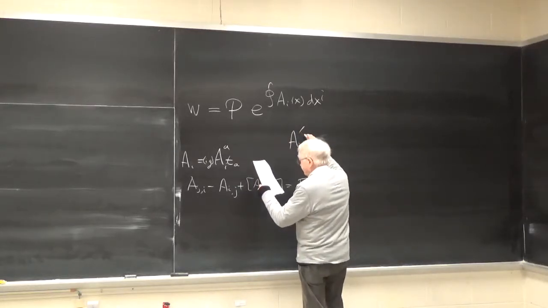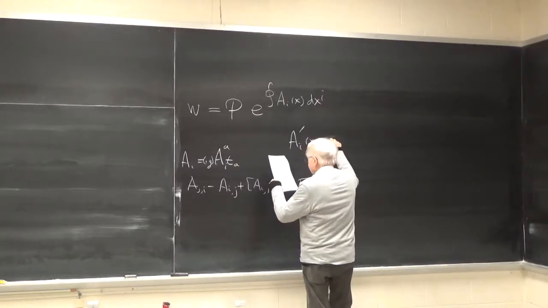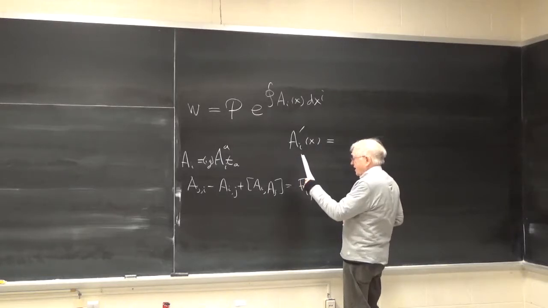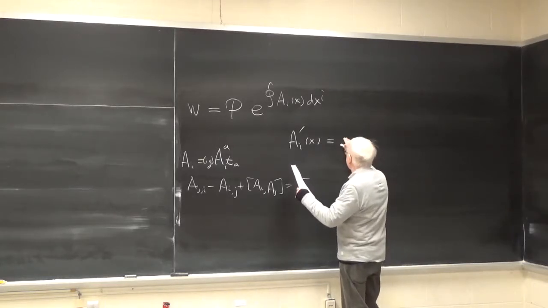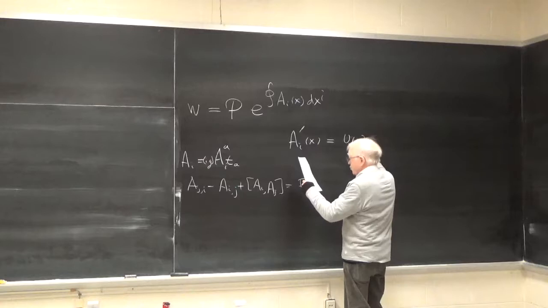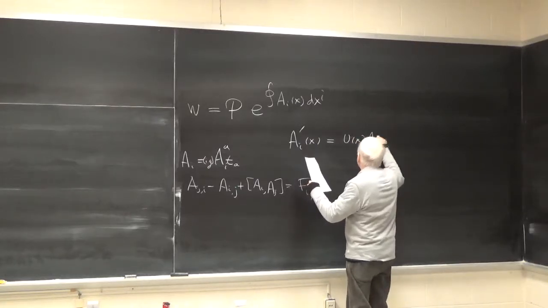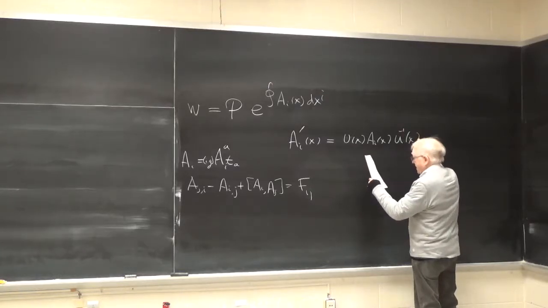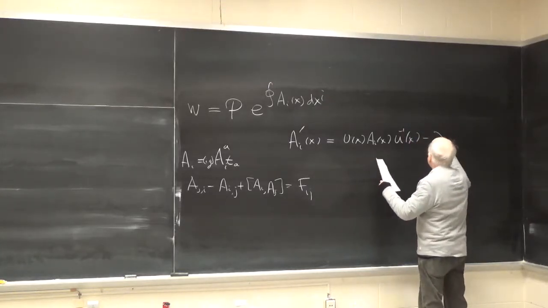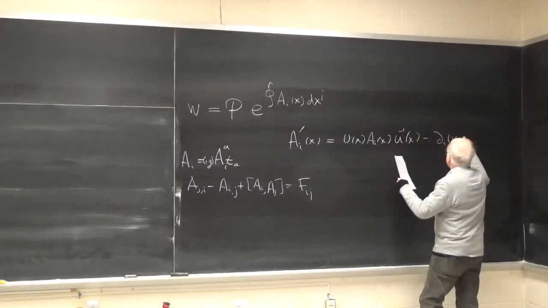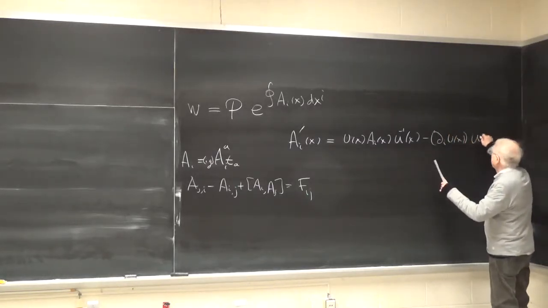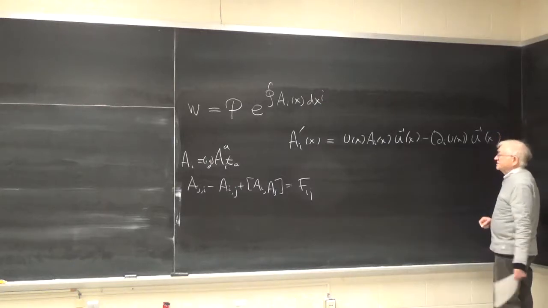A_i prime, and I might as well put in of x because this is a local gauge theory, will be U(x) A_i(x) U inverse(x), minus d_i U(x) U inverse(x).